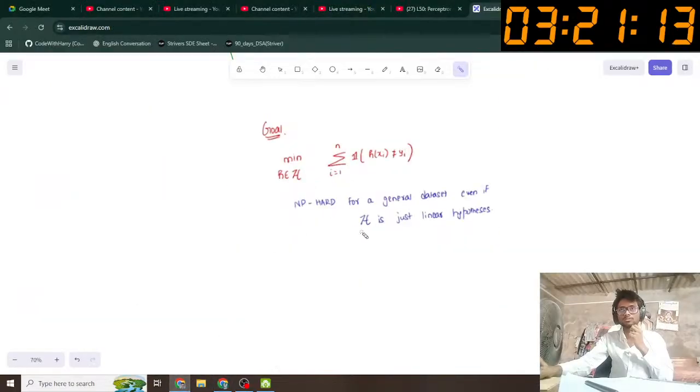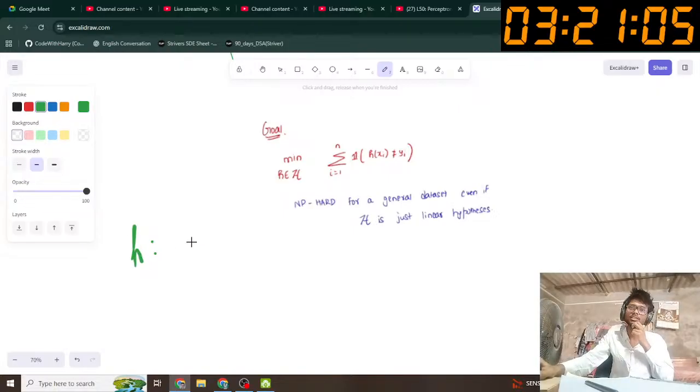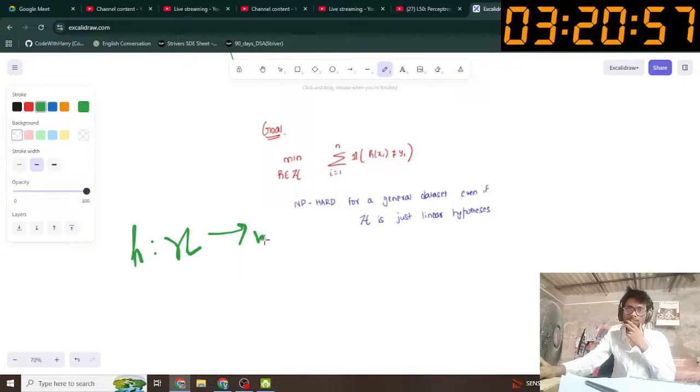What I mean to say is that h will take the value x, and it will give w transpose x. And what's the dimension of x right here?